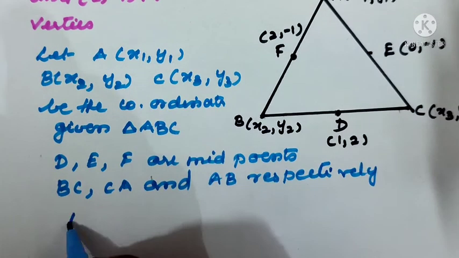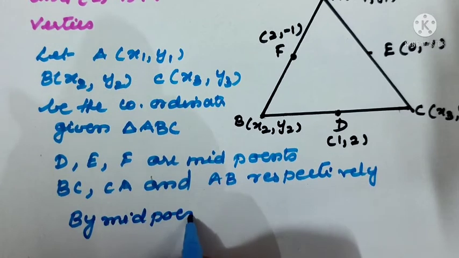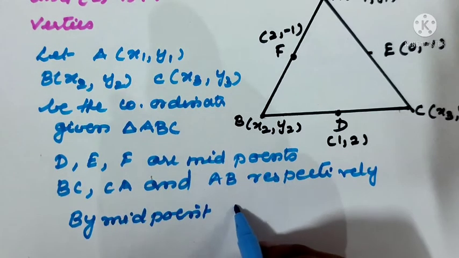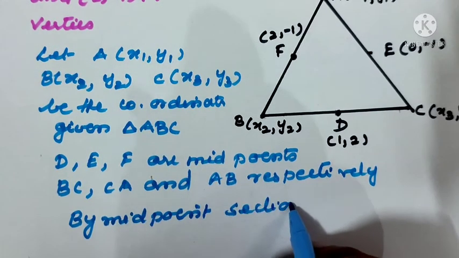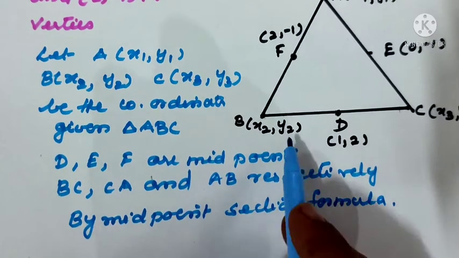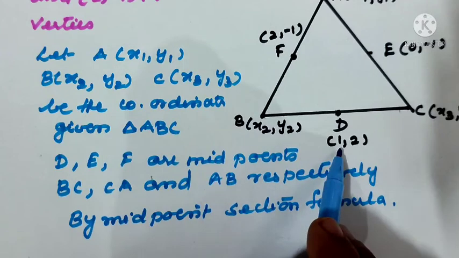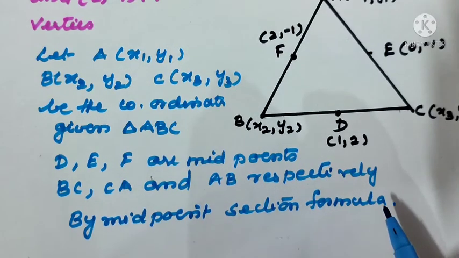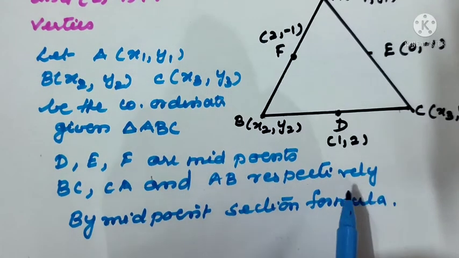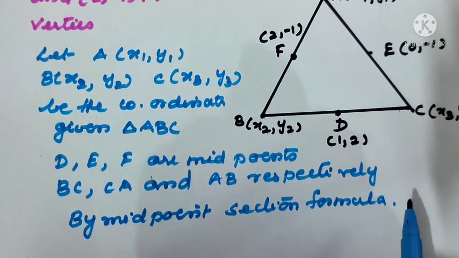So by the midpoint section formula, for D: (x2 plus x3) whole divided by 2 equal to 1. D is the midpoint. What is the midpoint section formula? (x1 plus x2) by 2 comma (y1 plus y2) by 2.